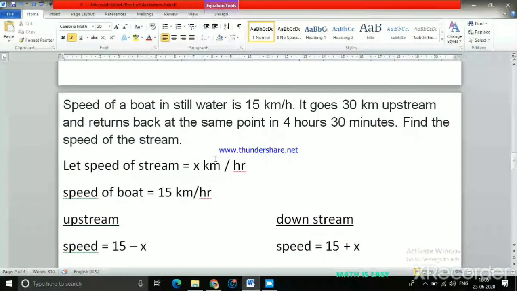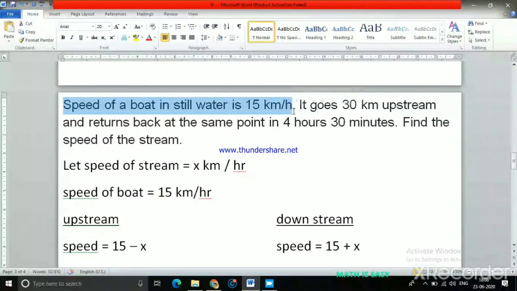Now let me take another question based on the same concept, but with a little bit of variation. Here speed of a boat in still water is 15 kilometers per hour. So here speed of the boat is given to us. It goes 30 kilometers upstream and returns back to the same point.